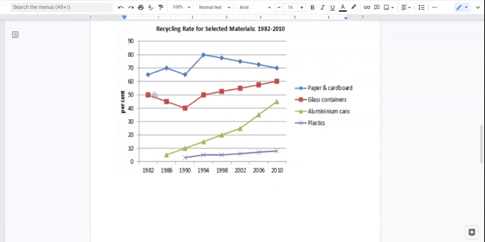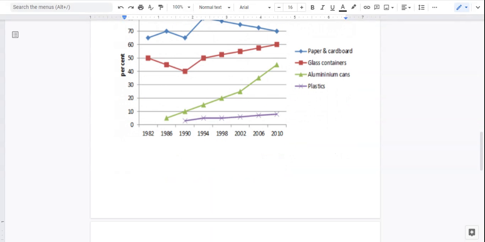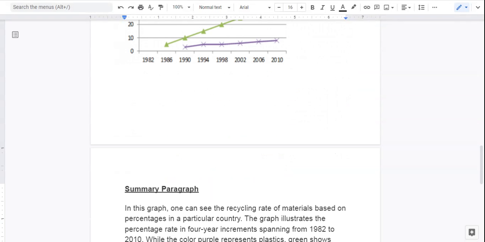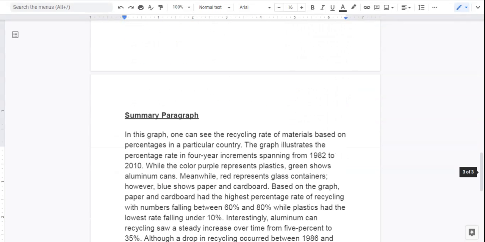And maybe highlighting that paper and cardboard and glass containers were recycled, and also that aluminum cans came in right after paper and plastics. So that is definitely something I could have added, but to keep it legitimate, writers, this is what I have under the time constraints.